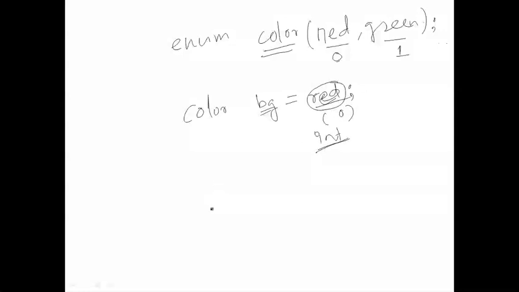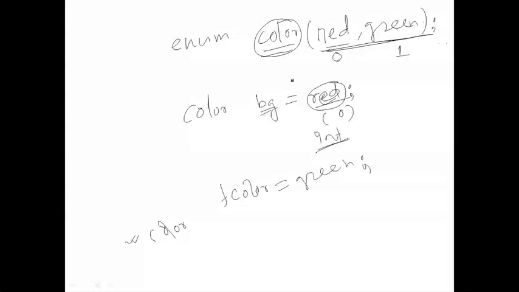Suppose you want to assign another value: color is a variable which you have created from the color type. So you can assign this green. This way you can create a type, and you can create a variable of that, and you can assign the values you have mentioned in terms of words or names, and those names are associated with integer values 0, 1, 2, 3, like that.